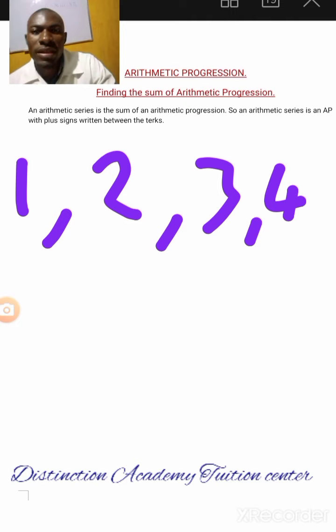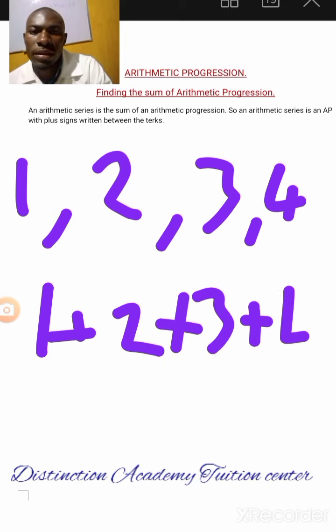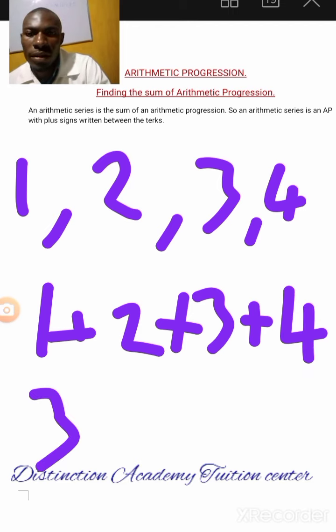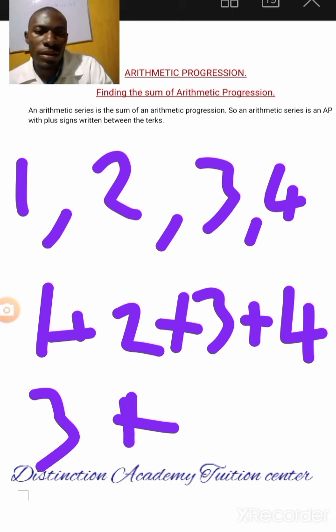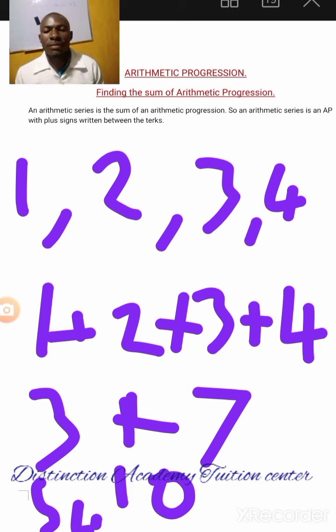The sum is the summation, so you add 1 plus 2 plus 3 plus 4. So 1 plus 2 gives you 3, plus 3 gives you 6, plus 4 gives you 10. So the sum of the first 4 terms is 10.